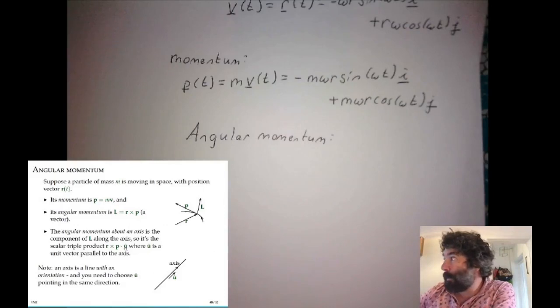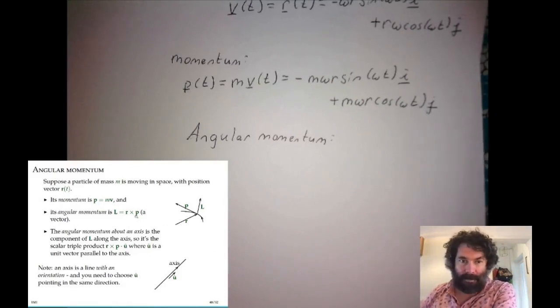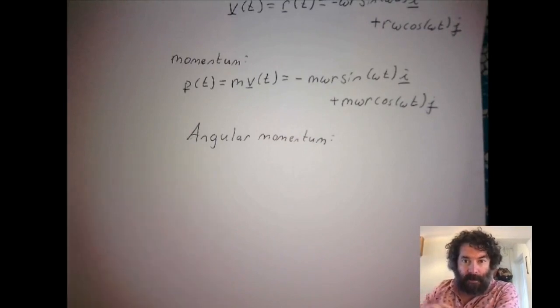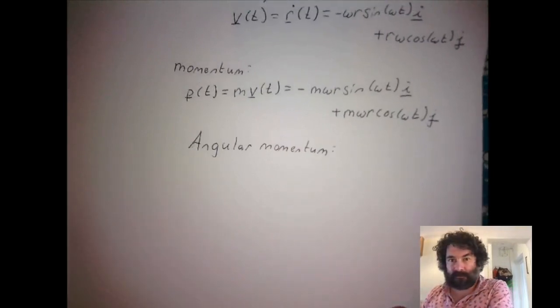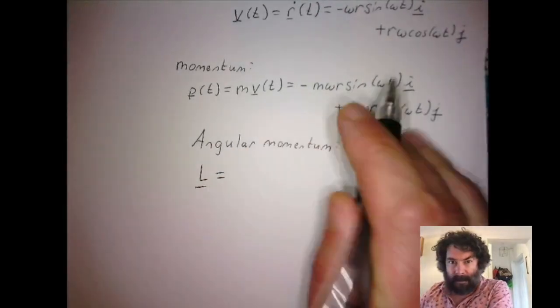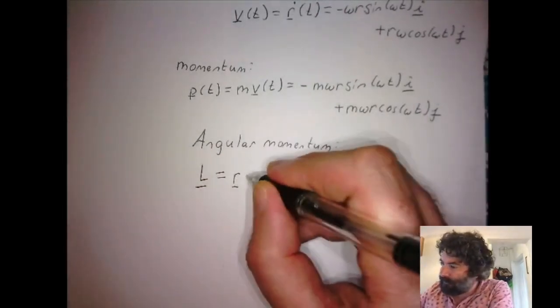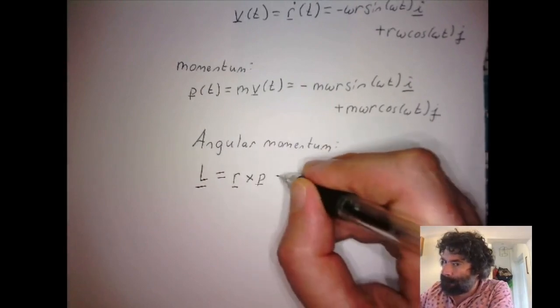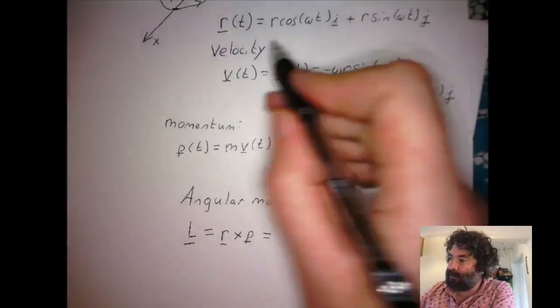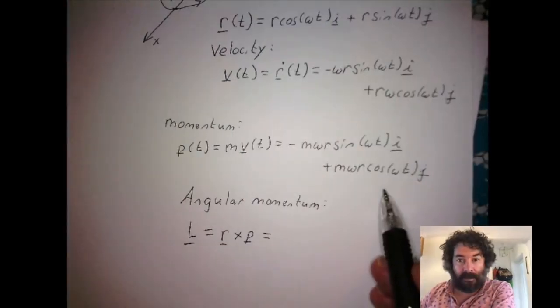The angular momentum was the cross product of the position vector r with the momentum vector p. All right, and so the angular momentum is r cross product with p. So we see r here and the momentum p here.